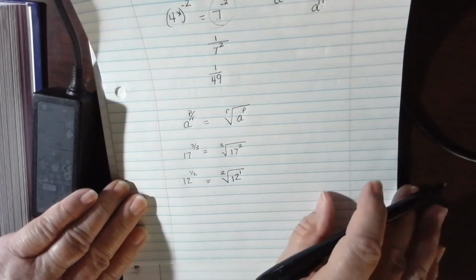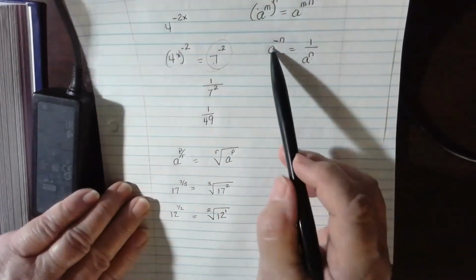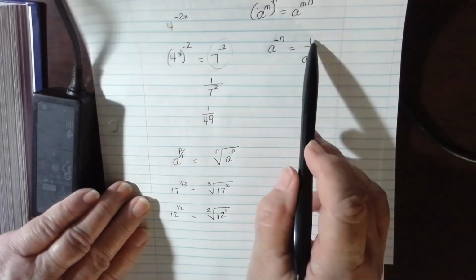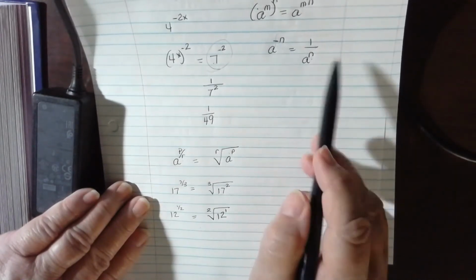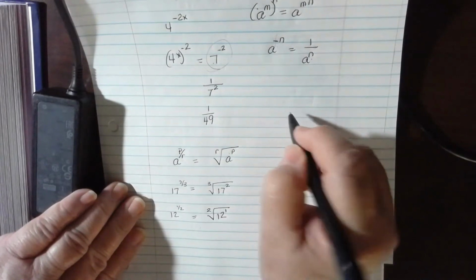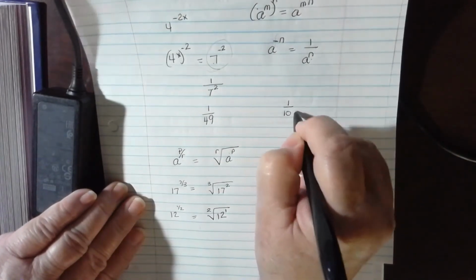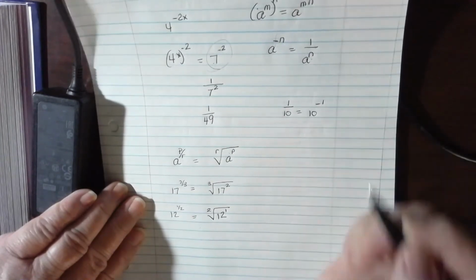The other rule you're going to need is that one that we were just talking about, that a negative exponent becomes 1 over that. So for example, if I had 1 over 10, that's 10 to the negative 1.